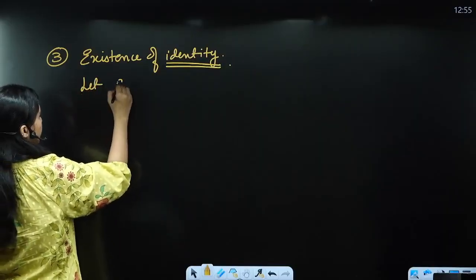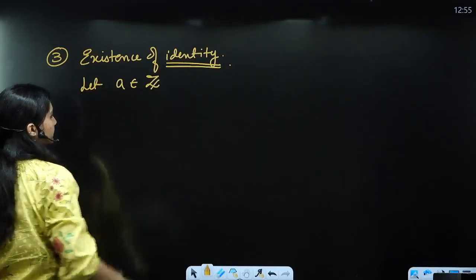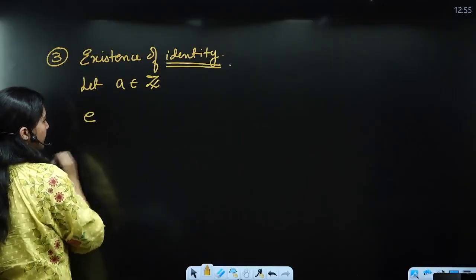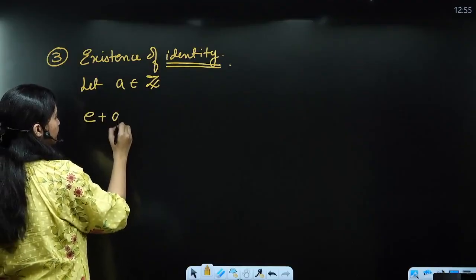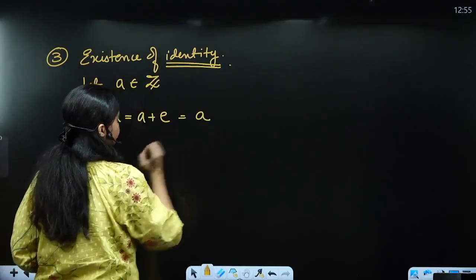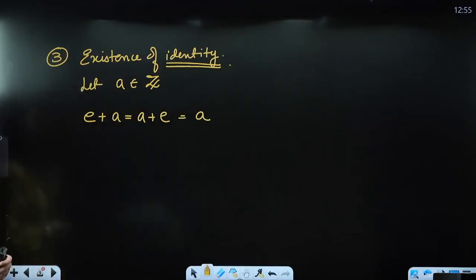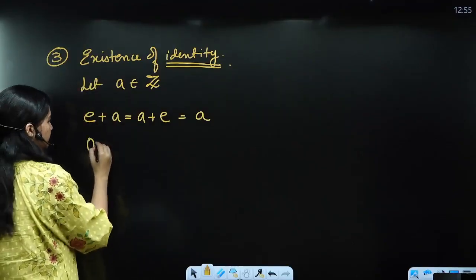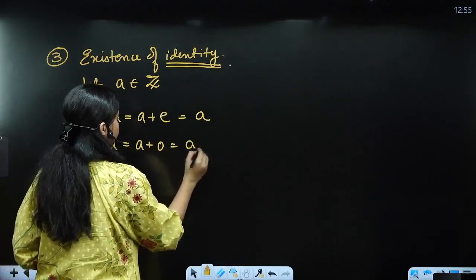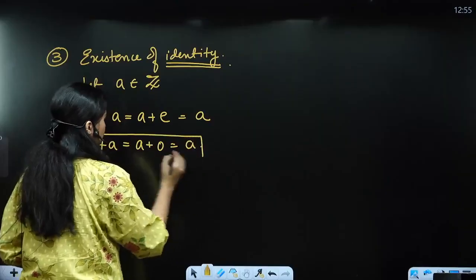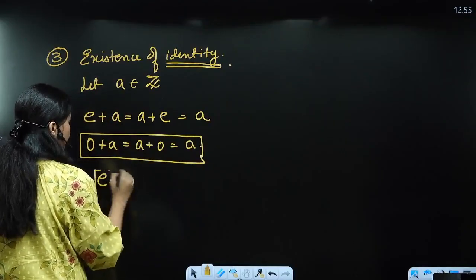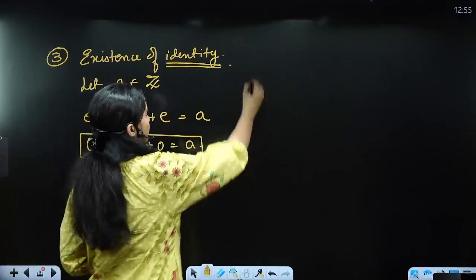Let A belong to the set of integers and I need E such that E operation A equals A operation E equals A. I can think of only one such number which is going to give me this result, that is 0 plus a equals a plus 0 equals a. So what is my identity element here? Identity element is 0.